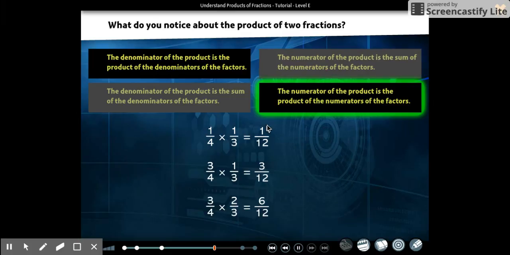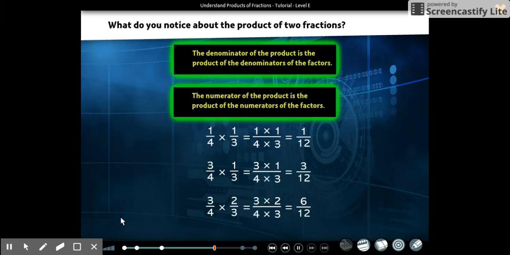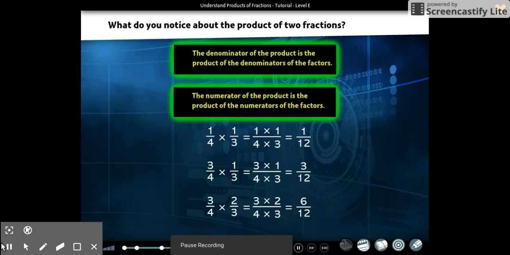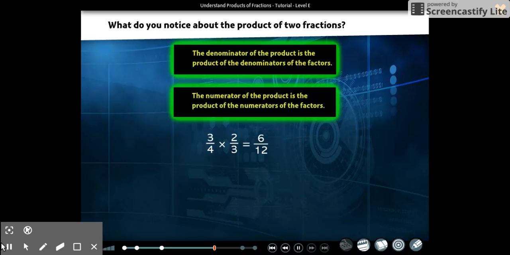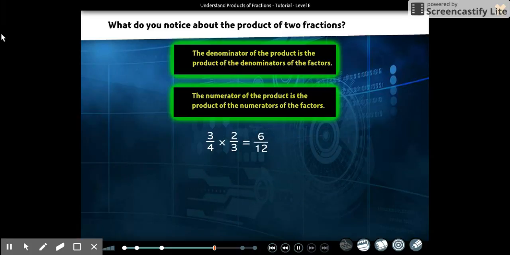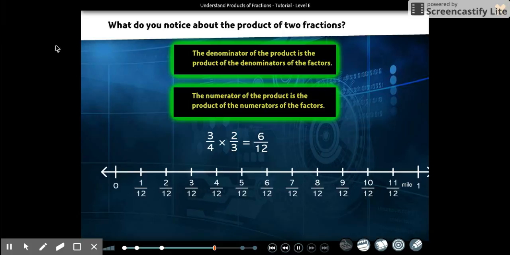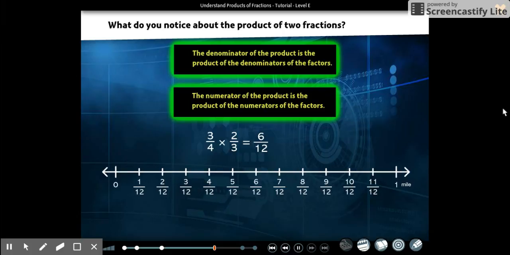Not quite. Look at the products we found. Each time we multiplied the numerators and multiplied the denominators. Remember when we found 3/4 times 2/3 of a mile? We divided 1 mile into 12 parts, which is 4 times 3.